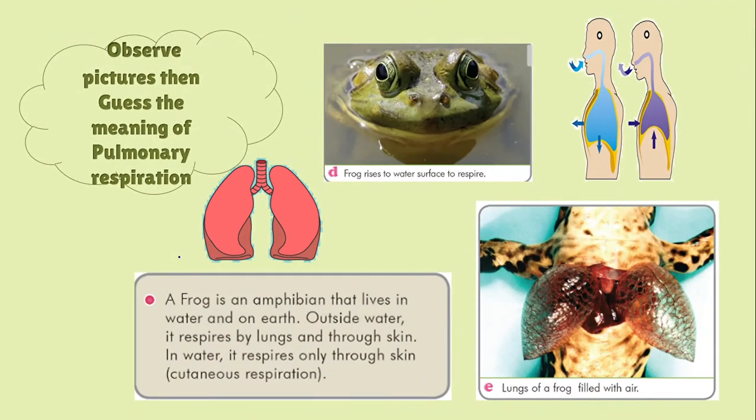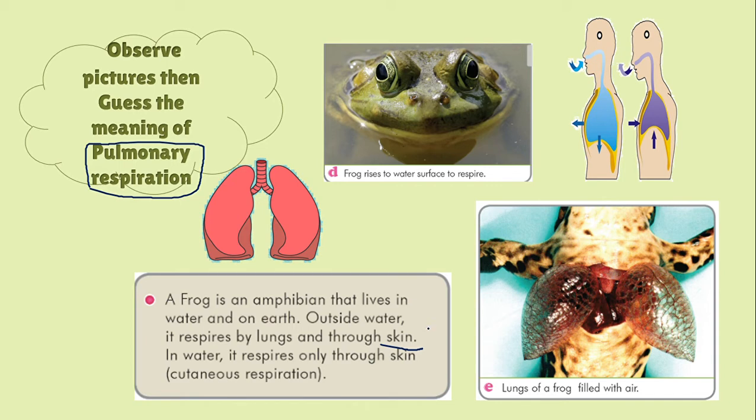After that, we observed the pictures and we discovered the meaning of pulmonary respiration. We said that pulmonary respiration means that gaseous exchange takes place in the lungs. And we said that frogs use their lungs only outside water because inside water they use their skin.